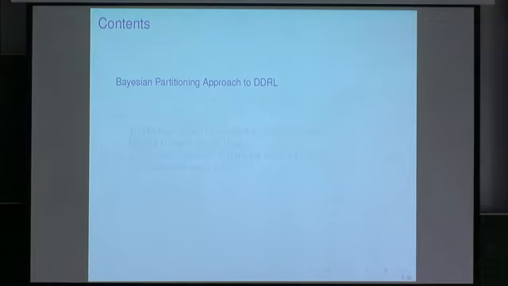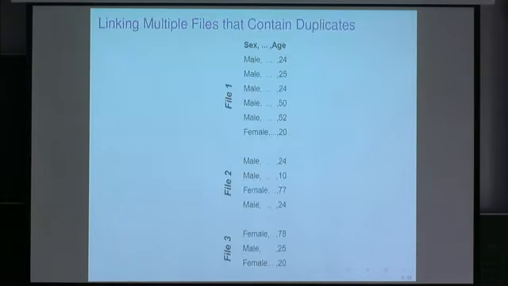So first, I'm going to tell you about the general skeleton of the framework. So let's think about this example. We have three data files, right? We could think of putting them together under the same sort of format, right? And we could think of concatenating one under the other.